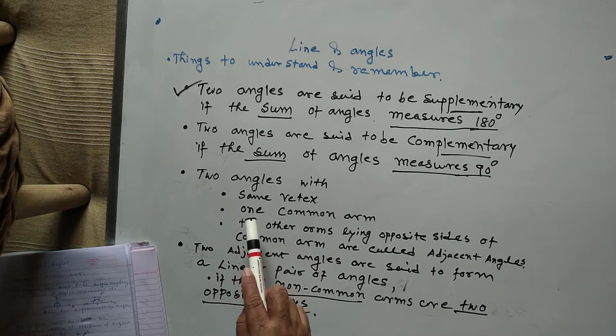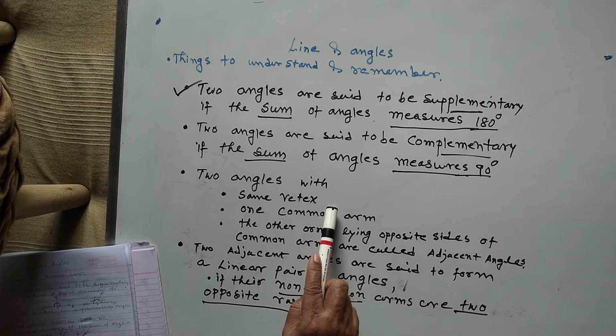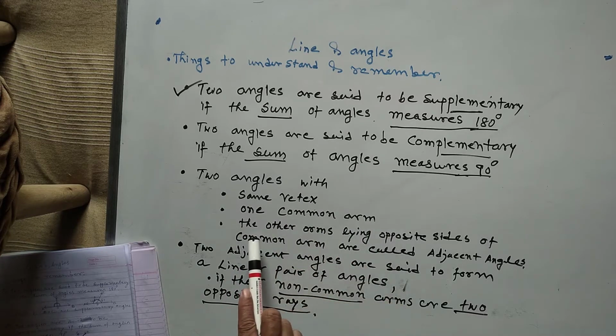The features are two angles with the same vertex, one common arm, and the other arms lying on opposite sides of the common arm are called adjacent angles. Two adjacent angles are said to form common arms, called adjacent angles.